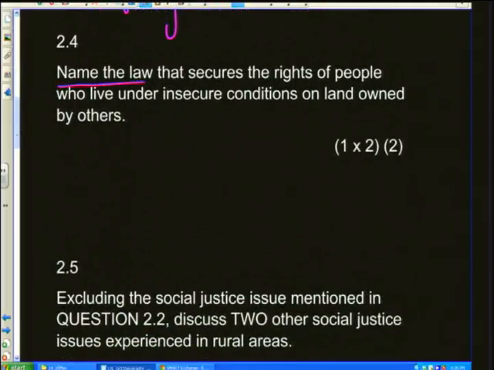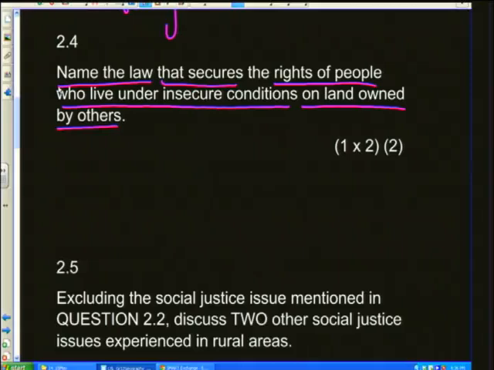Name the law that secures the rights of people who live under insecure conditions on land owned by others. And you must call that rural land reform or rural land tenure.